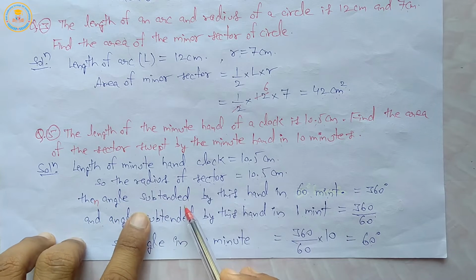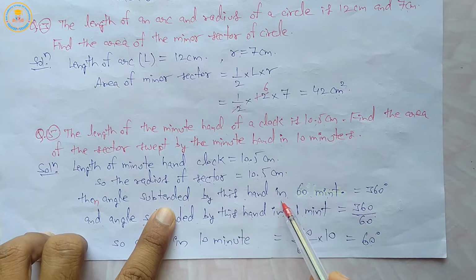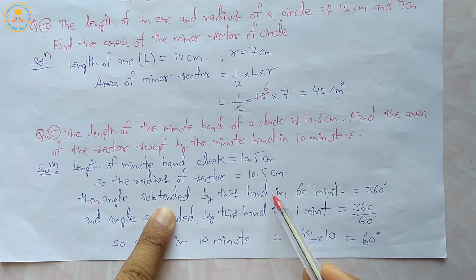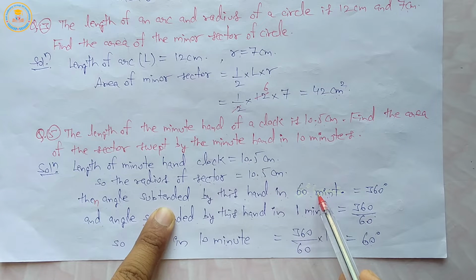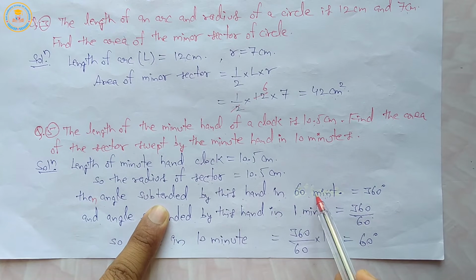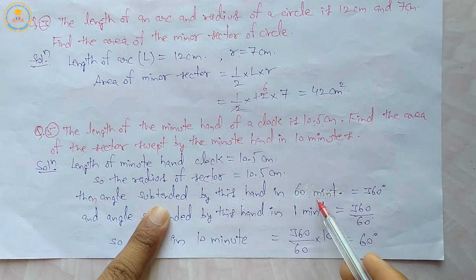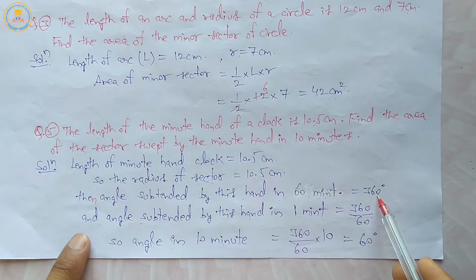Then the angle subtended by this end in 60 minutes. Angle subtended according to the clock: from 1 hour or 60 minutes, in 1 hour is a complete rotation. Complete rotation means complete angle 360 degree. In 60 minutes the angle is 360 degree.